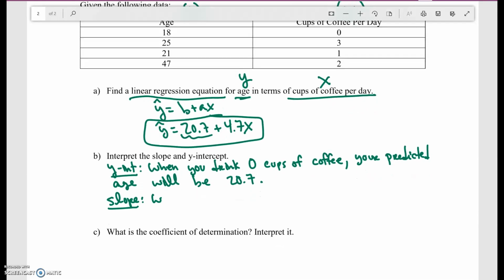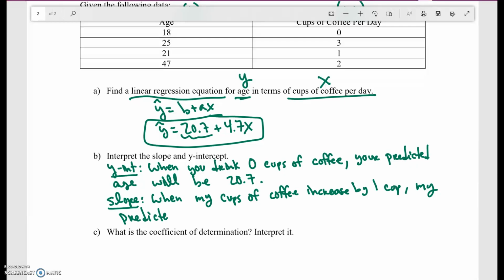So if I decide to drink 1 more cup of coffee, my predicted age, which is our y, will increase by 4.7 years.